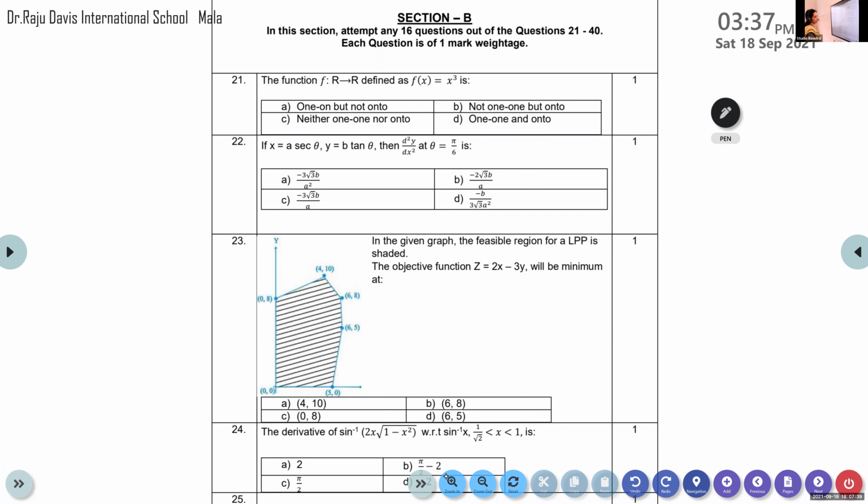What is the option? Yes, it is one-one and onto, because it is x cube. All the values it can take. So it is both one-one and onto.